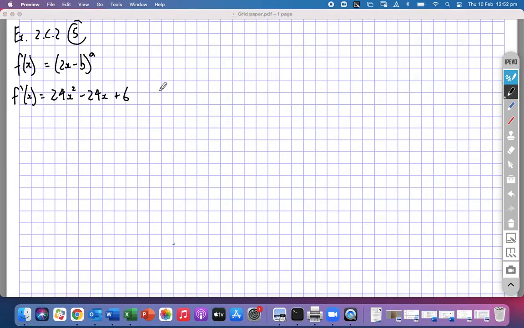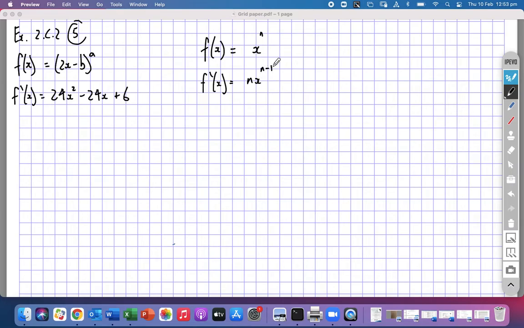I'm going to show all the working out, but before we start, you can probably pick that the a value is 3 before you start. So why is that? It's because given some function with x to the power of n in it, we know that the derivative would be n x to the power of n minus 1.